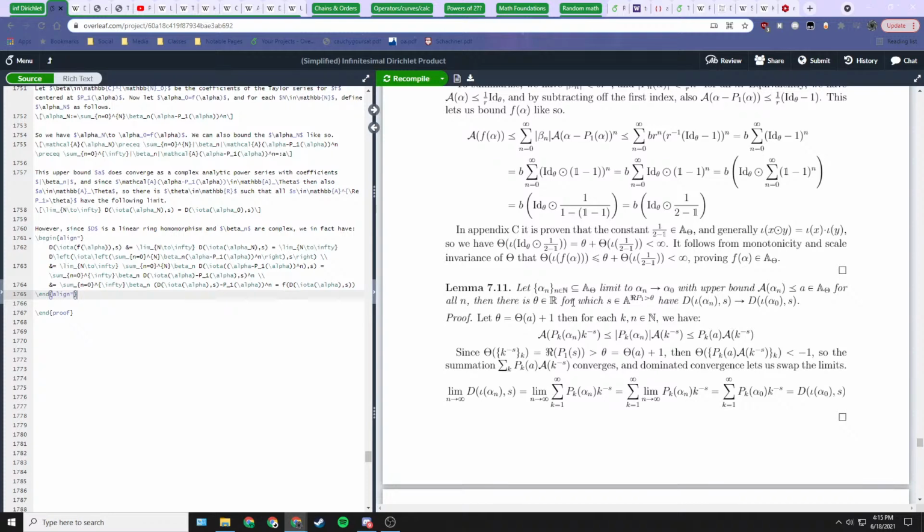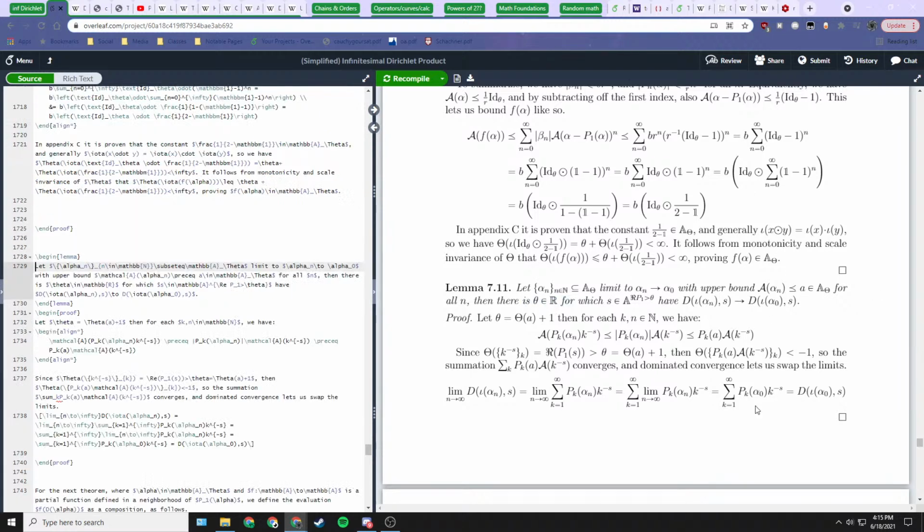We could say, if alpha n subset of a theta limit to alpha 0 with upper bound in a theta for all n, then actually we can say, no, actually that doesn't help. Yeah, okay, that's fine. We just have this.